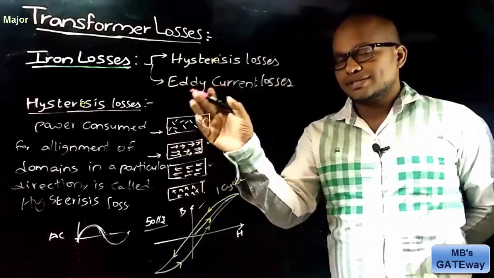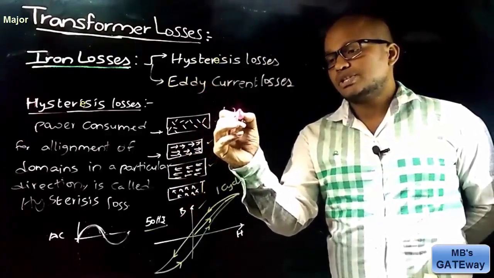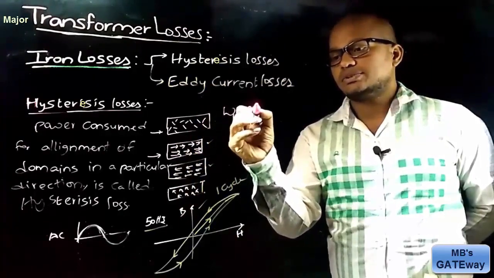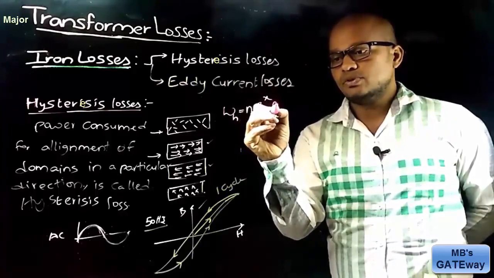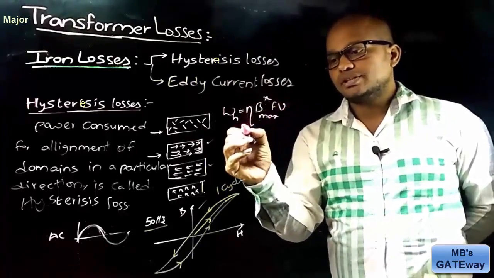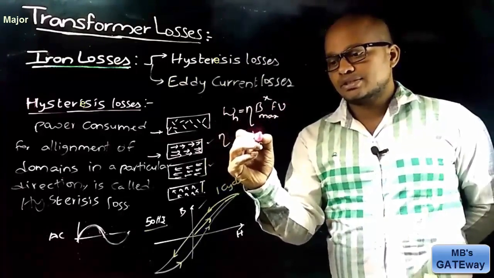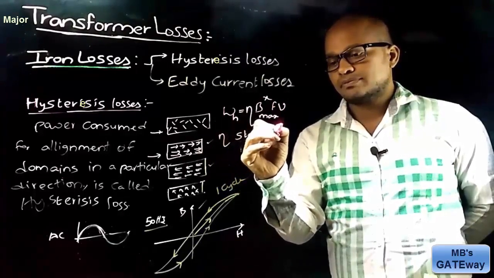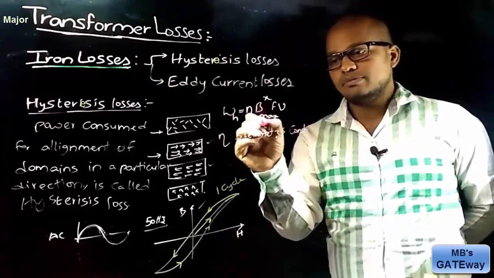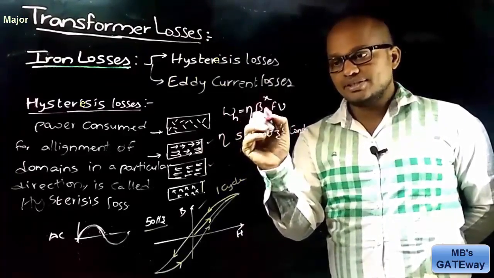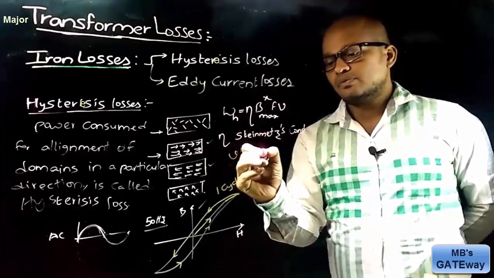And we can find the hysteresis losses by the Steinmetz formula, which is WH equal to eta into Bmax to the power x into F into V, where eta represents the Steinmetz constant, Bmax is the maximum flux density, F is the frequency, and V is the volume.